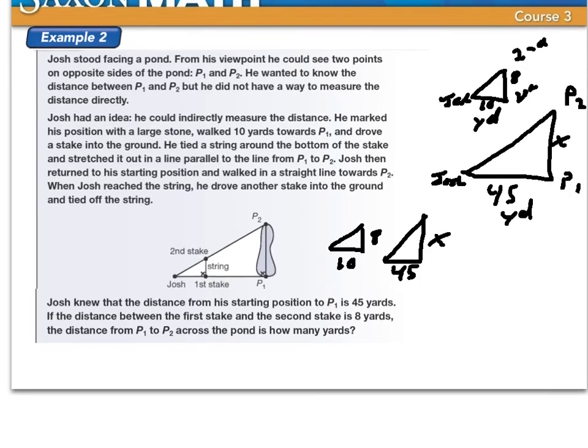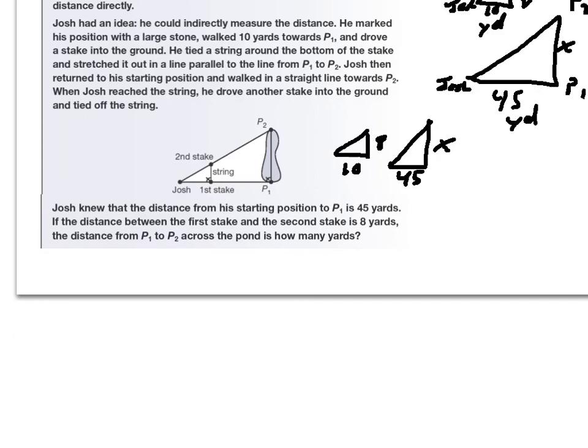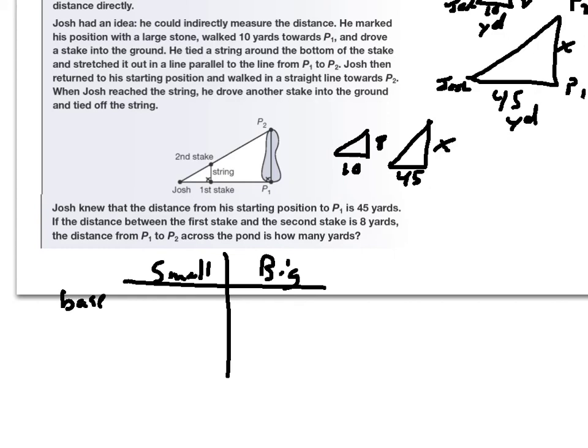We can make another ratio box using these two triangles. I'll have the small triangle and the big triangle, and I can compare the bottom sides and the up and down sides, the heights. So I'm going to compare the base and the height of the triangles.